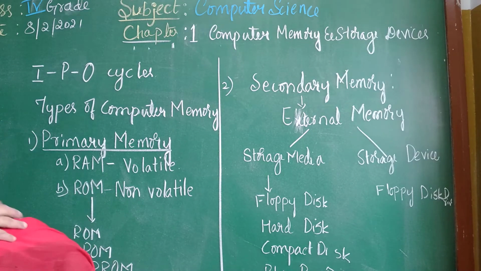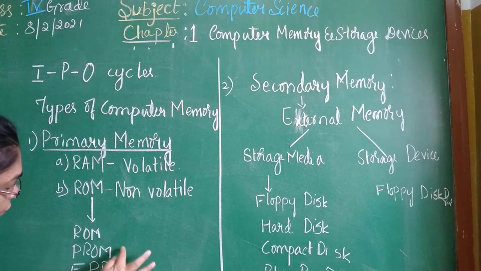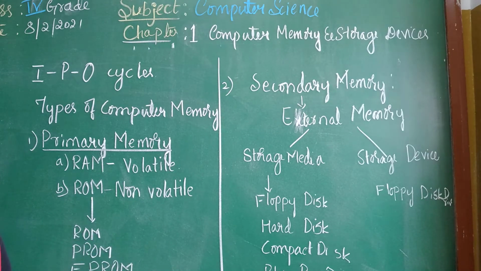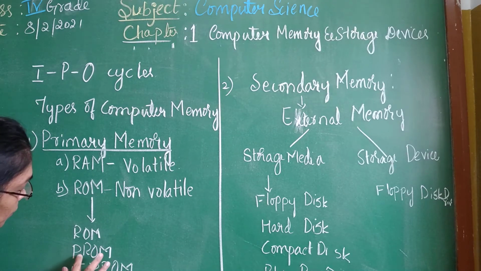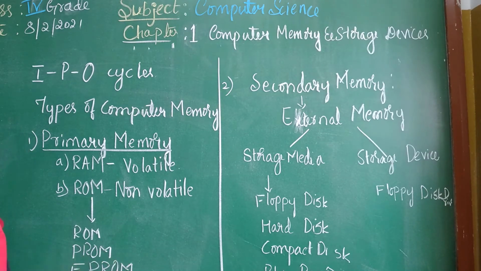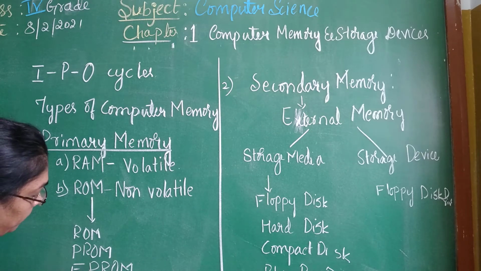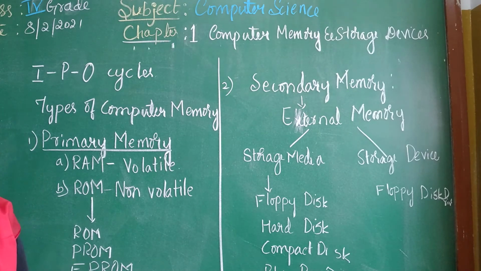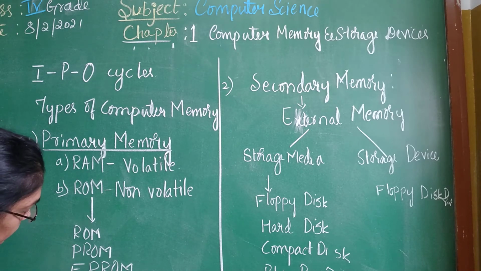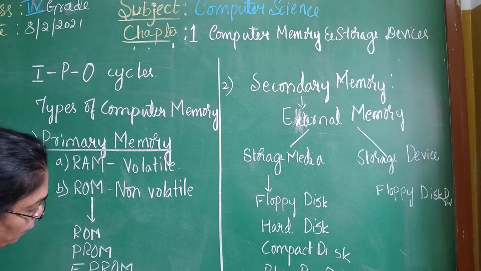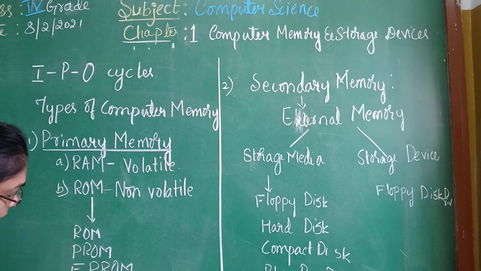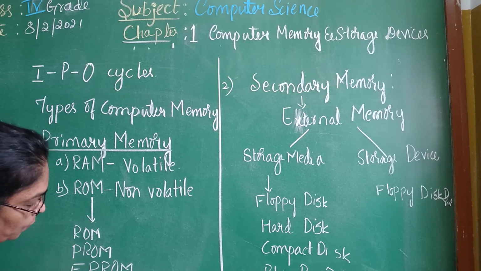In this memory again, there are 4-5 types of memory. Number 1 is read-only memory. Number 2 is PROM, that is programmable read-only memory, and EPROM, that is erasable programmable read-only memory. The last one is EEPROM, that is electrically erasable programmable read-only memory.